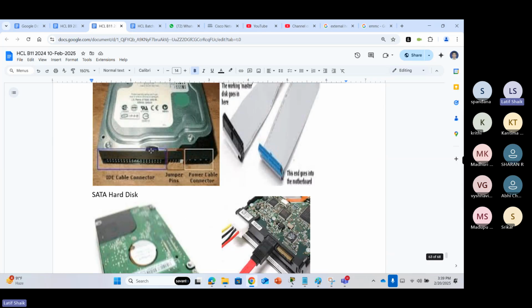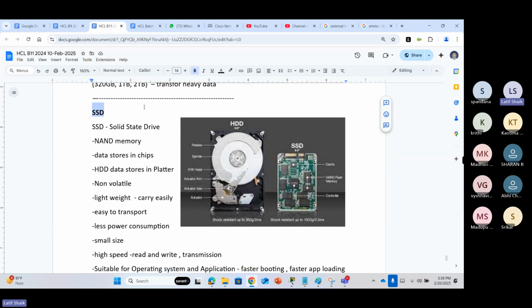So first is the hard disk. The newer laptops and desktops come with SSD. At least they give SSD as primary, and secondary you can choose from different kinds of options, depending upon the models. Again, what is SSD? Solid state drive.